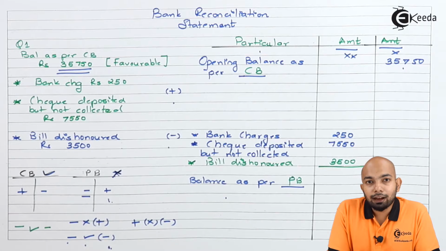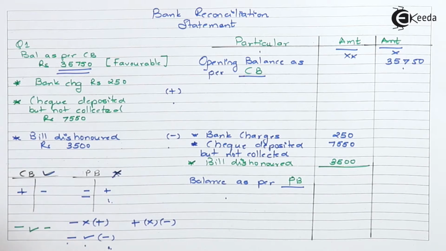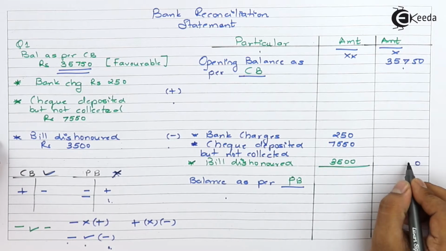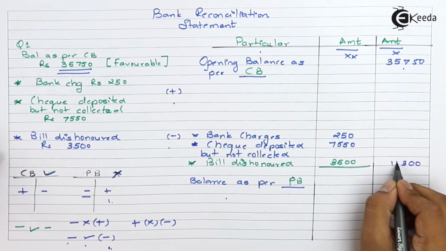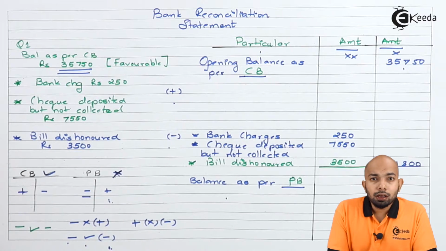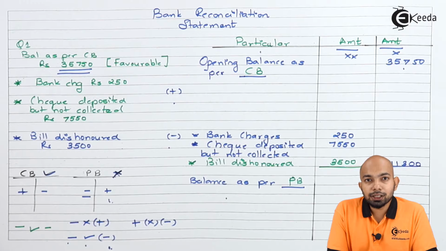So now that we have all the transactions mentioned here, let's total them and find out the balance as per the passbook. The total of the subtraction side comes to 11,300.